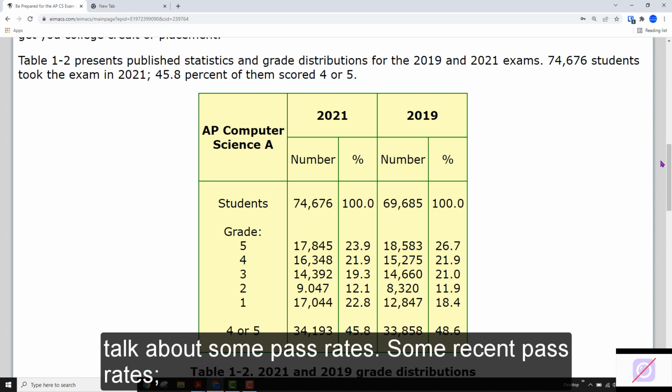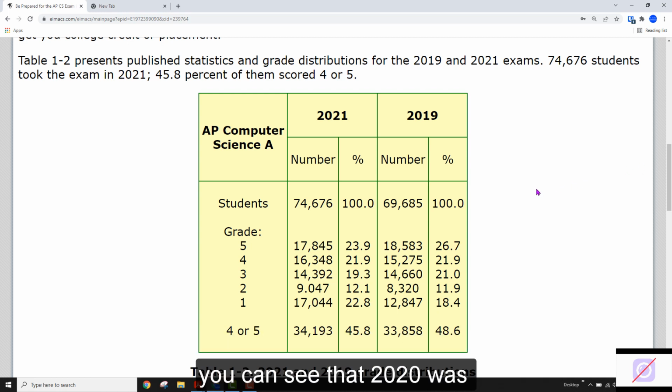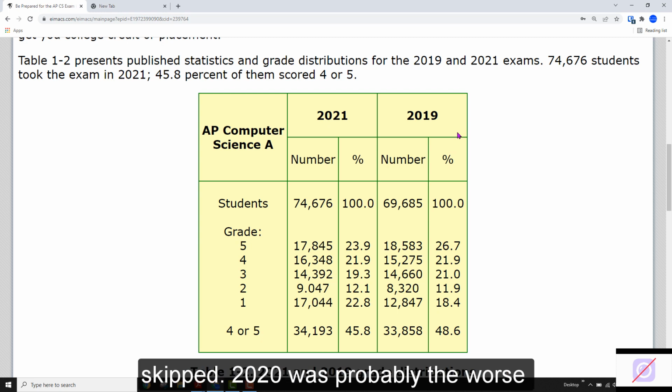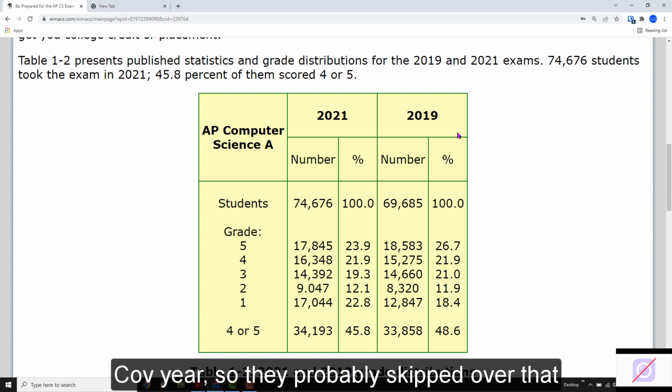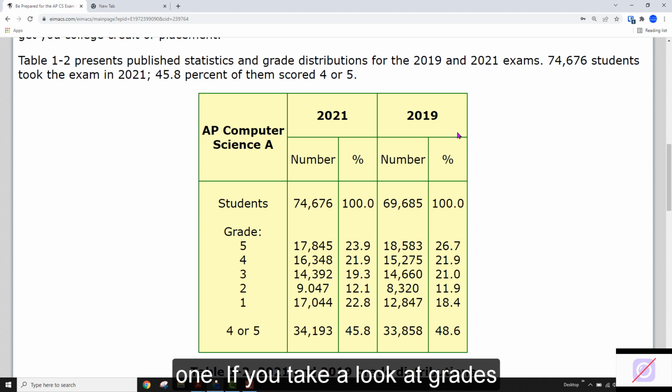Next, let's talk about some pass rates. Some recent pass rates. You can see that 2020 was skipped. 2020 was probably the worst COVID year, so they probably skipped over that one.